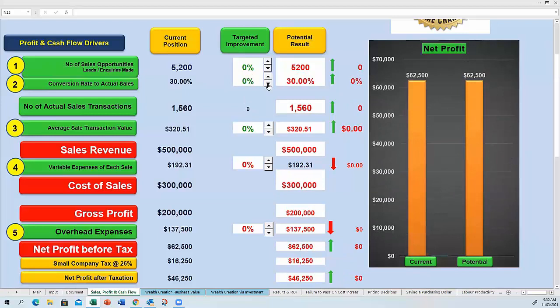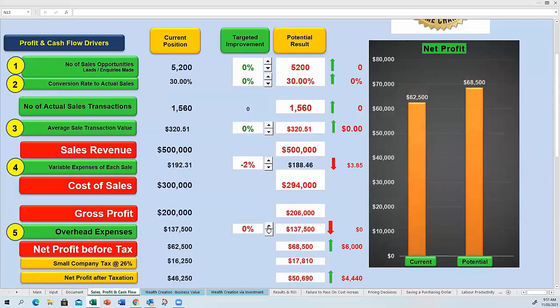Now what we've just done is taken a look at changes to the individual variables of the 5 key profit and cash flow drivers. But gee, when you start looking at working on these in combination and making small changes to each of them, small but very achievable changes, let's look what happens. So we'll start again here with our costs, get our 2% improvements.